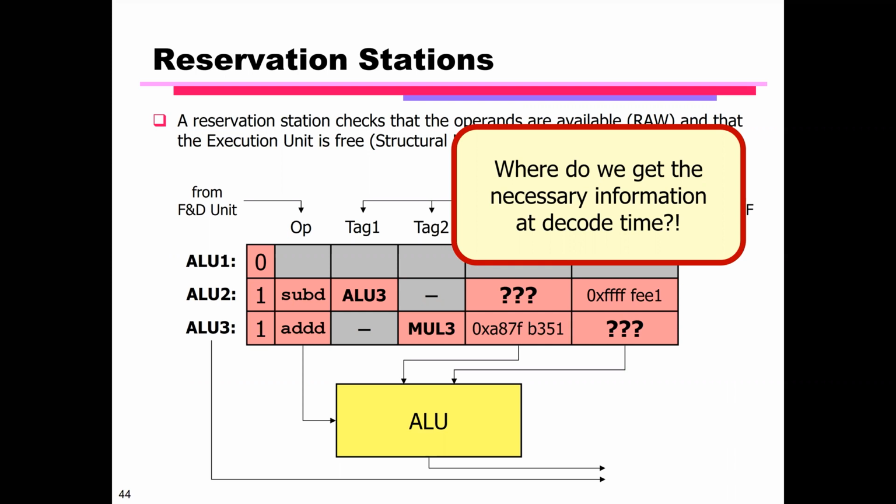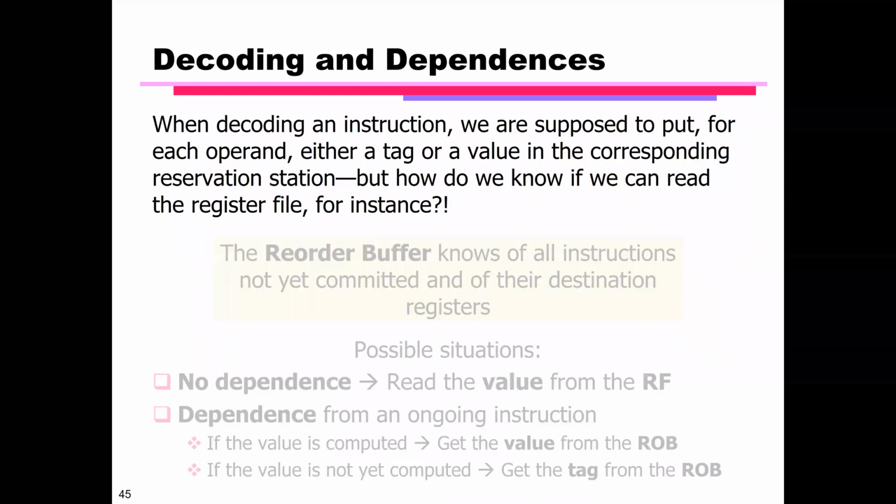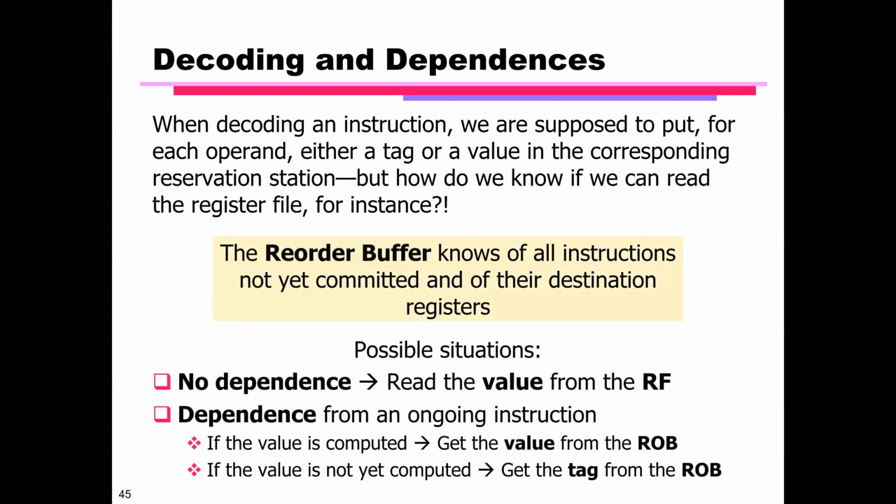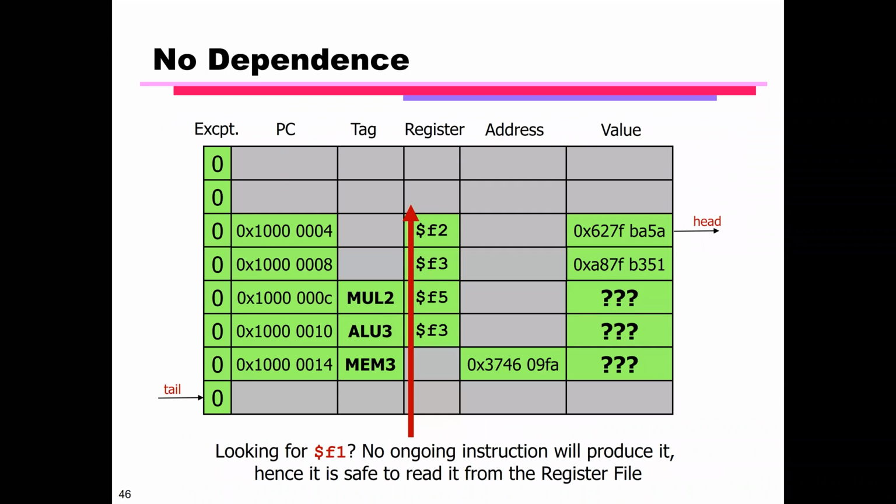And the solution is very simple. This information is essentially in the reorder buffer. The reorder buffer has the history of all the instructions that are not yet committed, and it knows about their destination registers. I'll illustrate this with a few examples. You can read the slide for a more precise text.